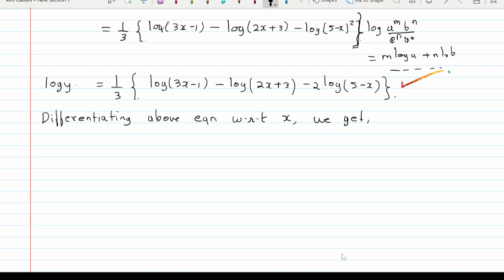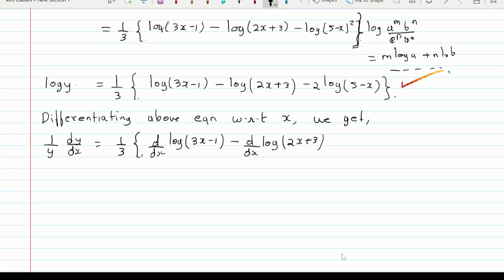We get 1 upon y dy by dx is equal to 1 by 3 into d by dx of log 3x minus 1 minus d by dx of log of 2x plus 3, minus d by dx of 2 into log of 5 minus x.